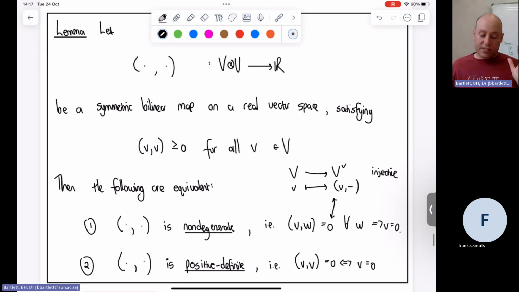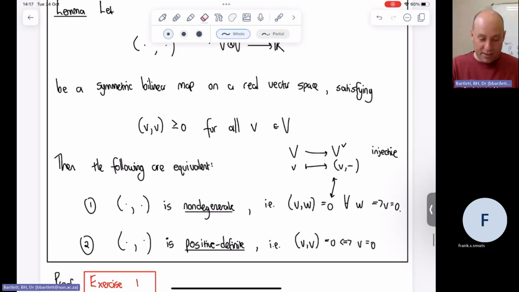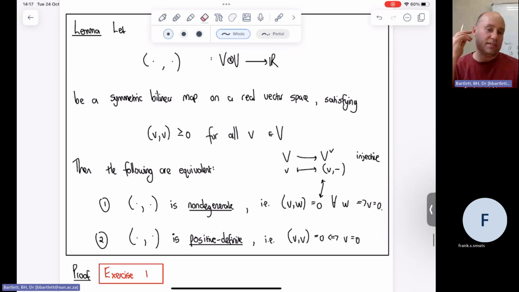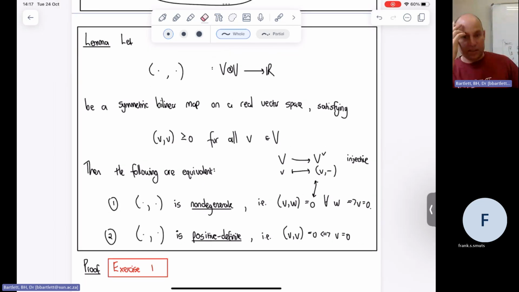And then that's equivalent to saying that the pairing is positive definite. So in other words, the only way that you can get the pairing of V with itself to be 0 is if you input the 0 vector. Okay, you would have done something like that in your mathematical career, but it's a good exercise. So that's exercise 1.